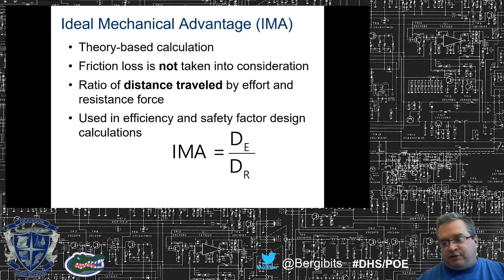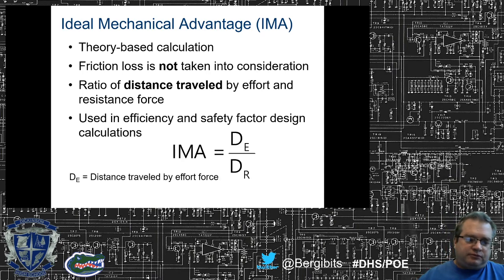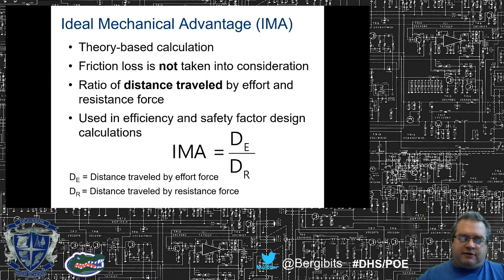The resistance is whatever you're trying to pick up. So the distance between you and the fulcrum is the distance effort, and the distance between the fulcrum and the resistance is the distance resistance. So the fulcrum is the pivot point, and we're going to get into that here in a few more slides. Alright. Distance traveled by effort force, distance traveled by resistance force.